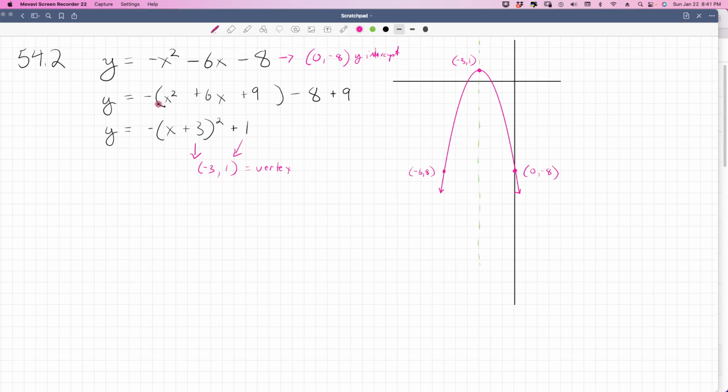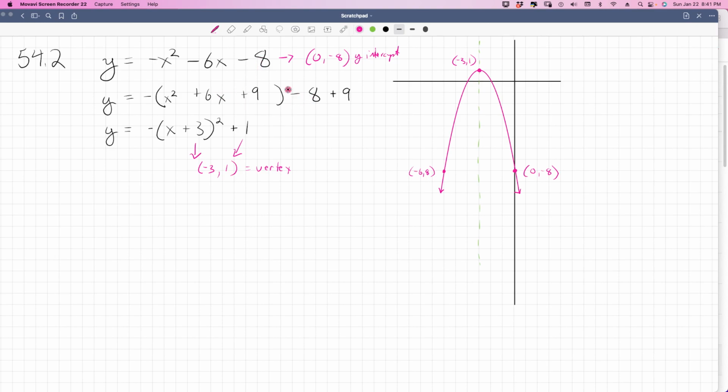And then I factor, because we don't want to have anything in front of our x squared except positive 1. If you have a 2 or a negative or a whole number or anything other than just a plain old x squared, we've got to factor that out, but we do not include the y-intercept.